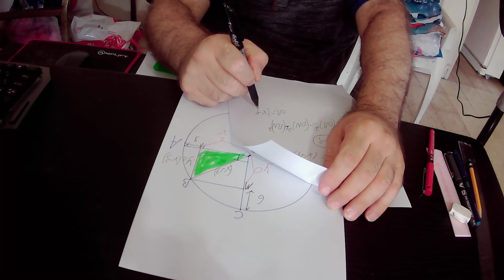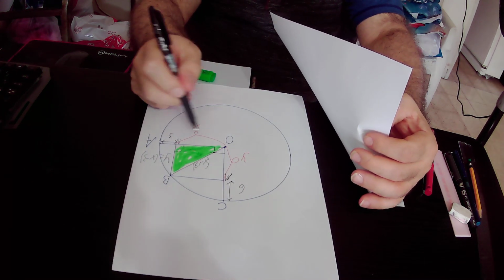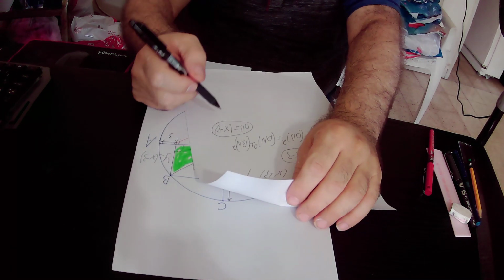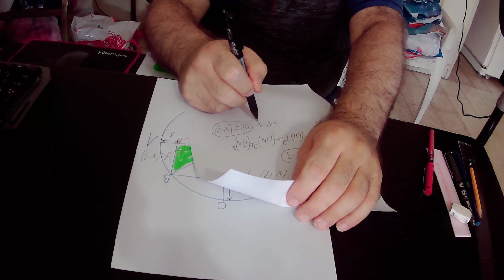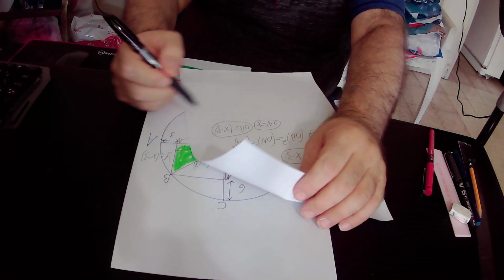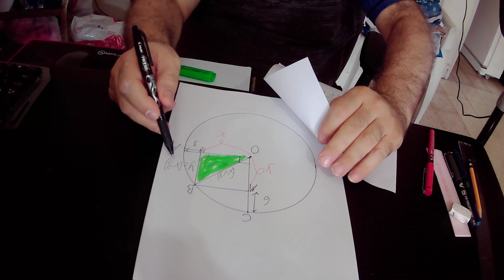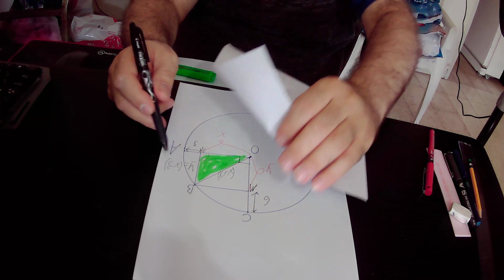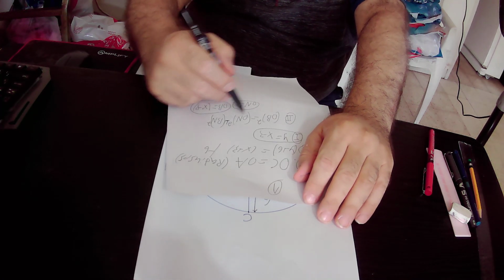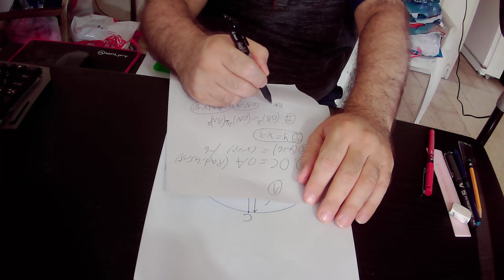And ON equals x, so we can substitute ON by x in the second equation. And BN equals x minus 3, which equals y, so we can substitute BN in the second equation by x minus 3.